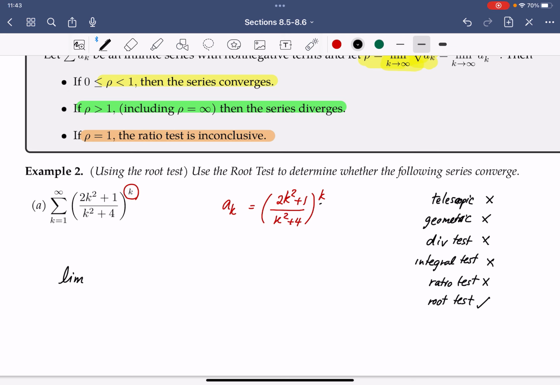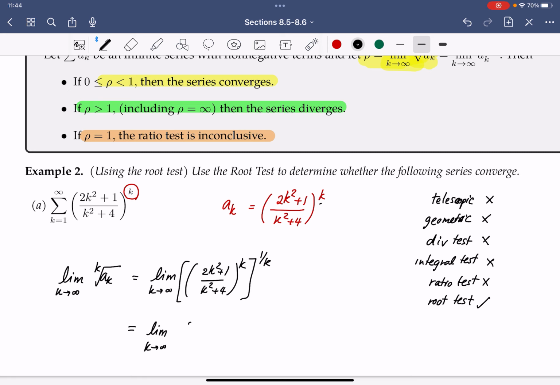Because when you compute the limit of the k-th root of a_k, it's going to be the fraction to the k, and then you raise everything to the 1 over k because of the root test, and then k and 1 over k cancel. So you get the limit as k goes to infinity of (2k^2 + 1)/(k^2 + 4), and the answer here is 2. Bigger than 1, so the series is divergent.